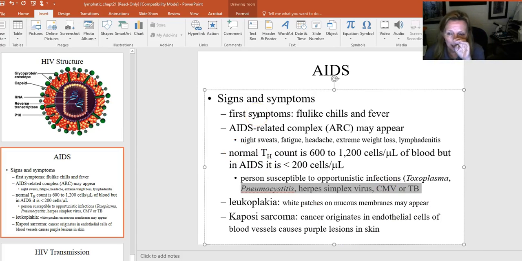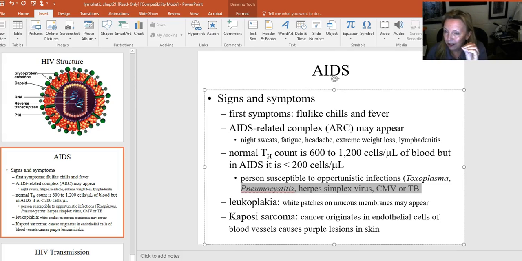But again, now there are people with HIV positive status who, with proper treatment, never even go into the AIDS-related complex, which has the early signs and symptoms, nor do they go into full-blown AIDS, because they're controlling their viral load, which means they're controlling the amount of virus present, which becomes even undetectable in direct serology testing, where they're looking for the direct antigens.